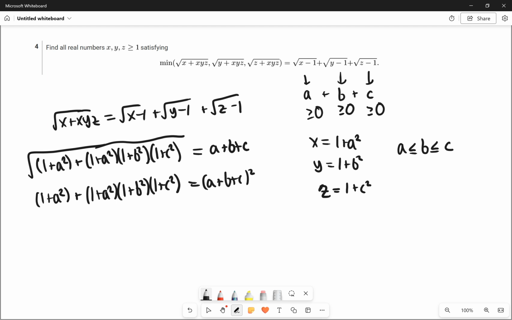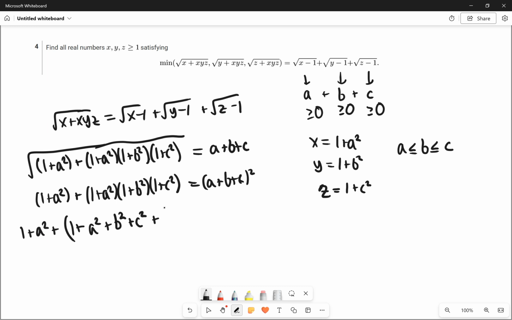And we want to find a nice way to factor this or do something with this. So let's expand everything out. Doing so gives 1 plus a squared plus, then this guy becomes 1 because that's the constant coefficient. So that's 1. Then we have a squared because it can go here, then here, then here. Then we similarly get b squared plus c squared.